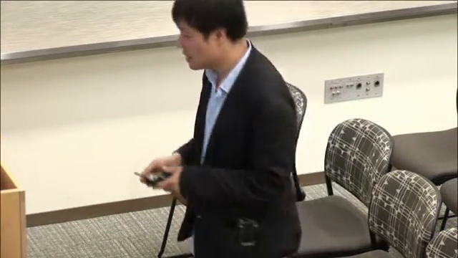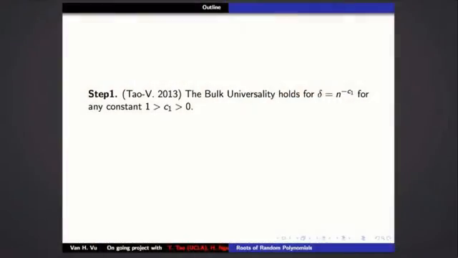Okay, so let me go over the main ideas of this. It's actually the proof of some more general universality phenomenon, not only for the expectation, but other things as well. So step 1 in this work is that we prove the universality, but for small delta which is no longer 1 over 1,000 or 1 over a million, but a small negative power of n.